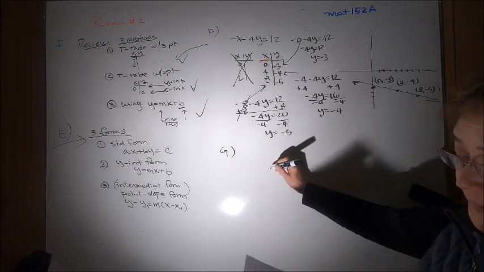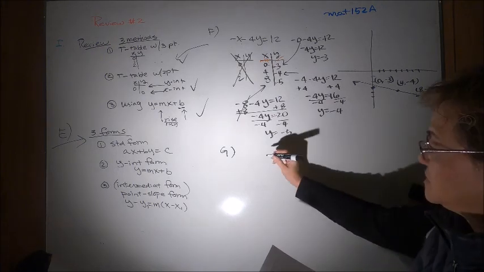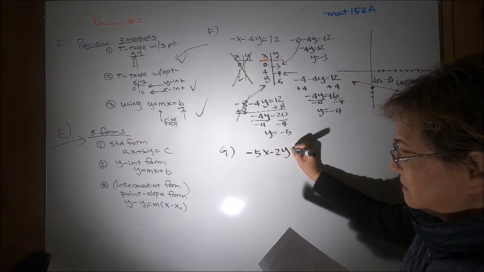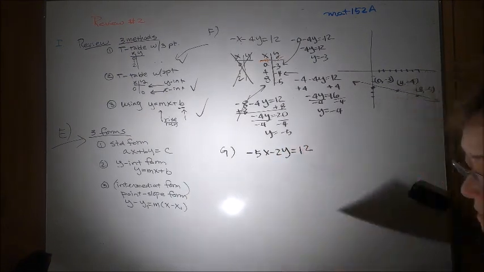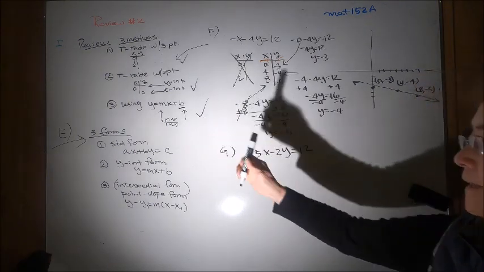Where are we? Okay, on your page 3. Find the slope and y-intercept for this linear equation. We want you to find the slope and y-intercept and use that to graph a line.